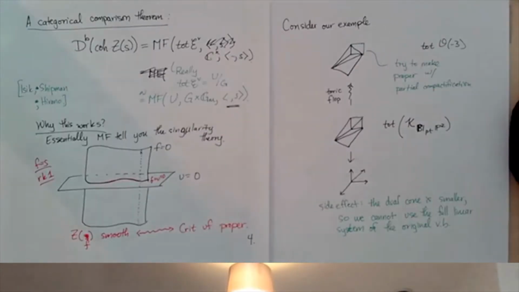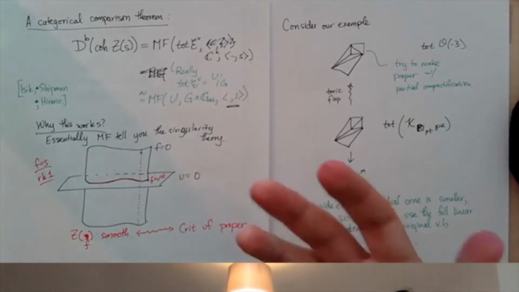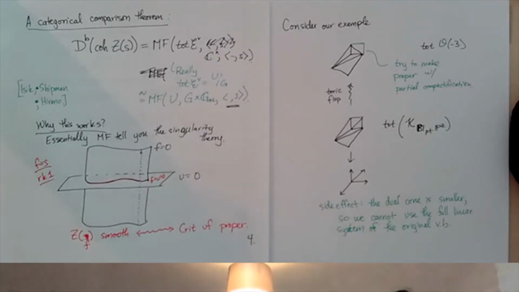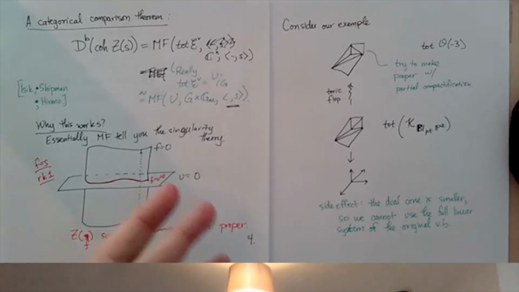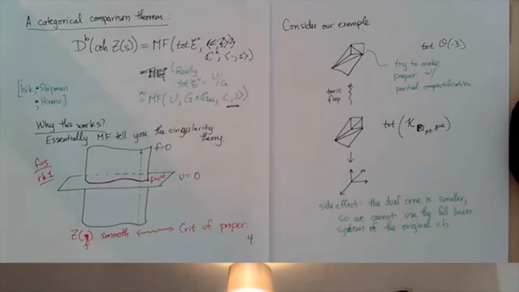You can do this iteratively and use Cox-Little-Schenck 7.3.1 iteratively and then get a vector bundle and do the same thing for the vector bundle. But I just wanted to talk about this one line bundle case, okay? So you can use this to analyze some singular special linear system inside the linear system of some toric divisor. Okay. So I hope that made sense on what the exoflop is.